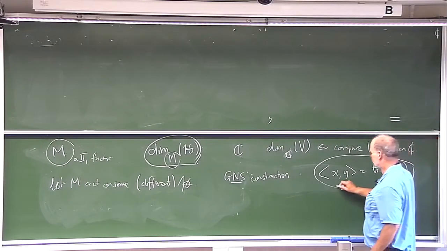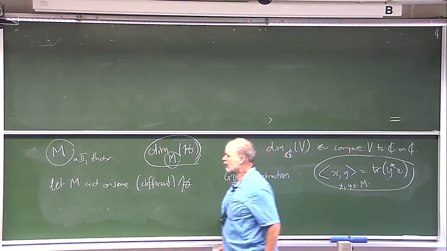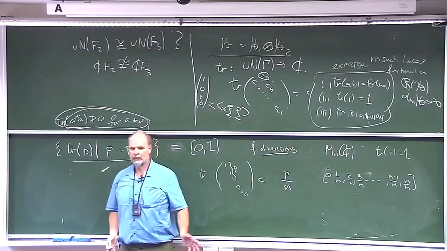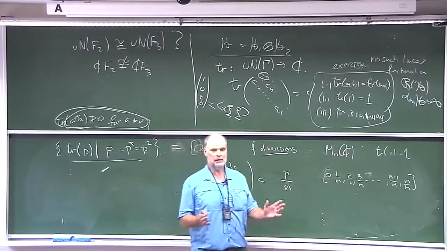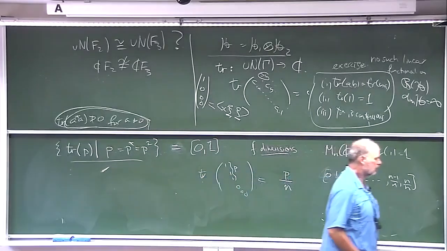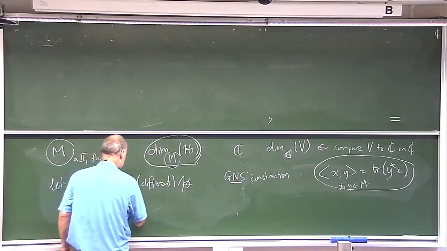So this is x and y in M. With this, because of this condition here, M itself becomes not quite a Hilbert space, but a pre-Hilbert space. In order to get a Hilbert space, we have to complete it. And that we call, for various analogous reasons, L2 of M, or L2 of M with respect to the trace.